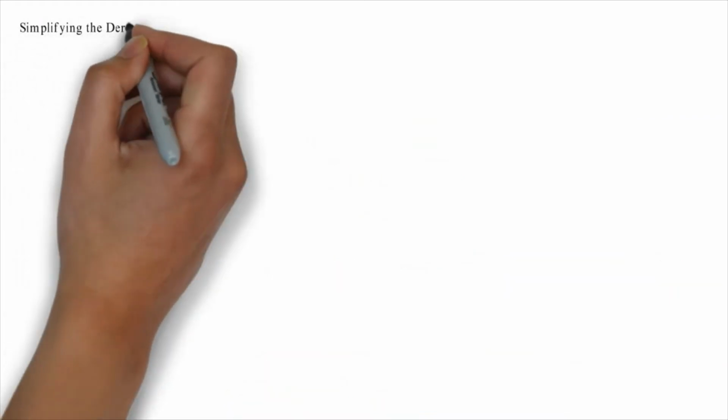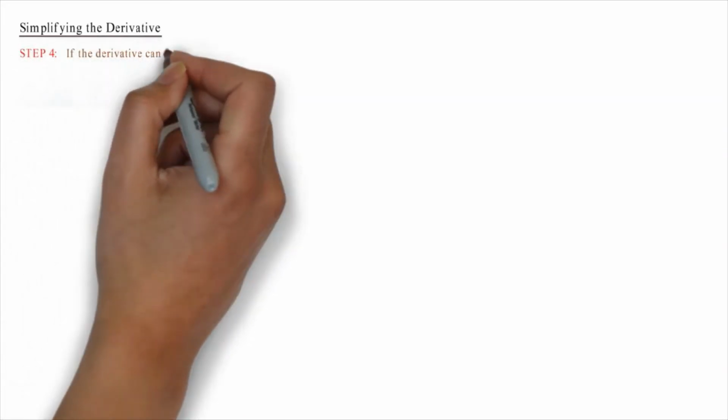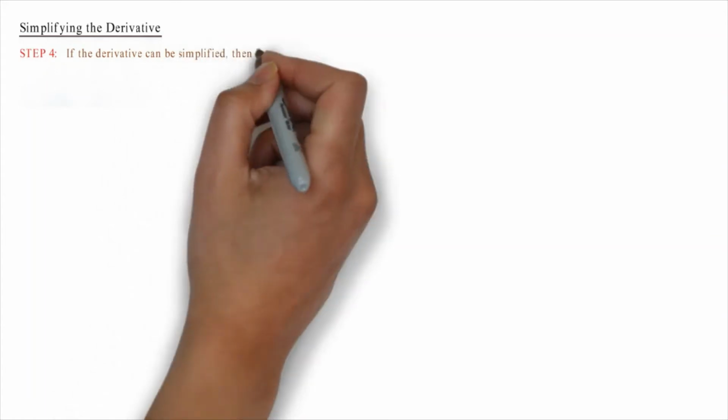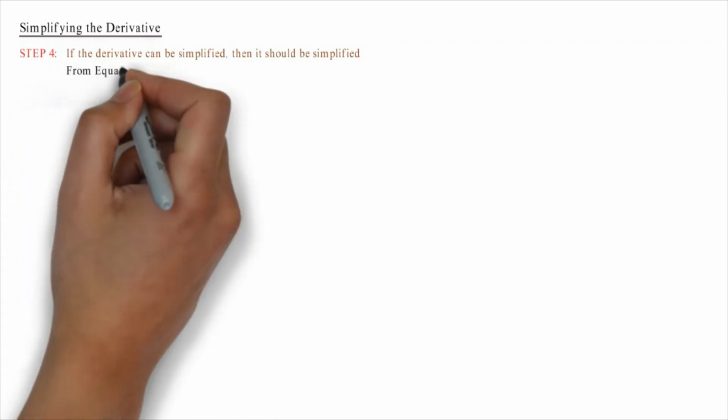Simplifying the derivative. Step 4. If the derivative can be simplified, then it should be simplified. From equation 3 on the previous screen, the derivative is as shown.